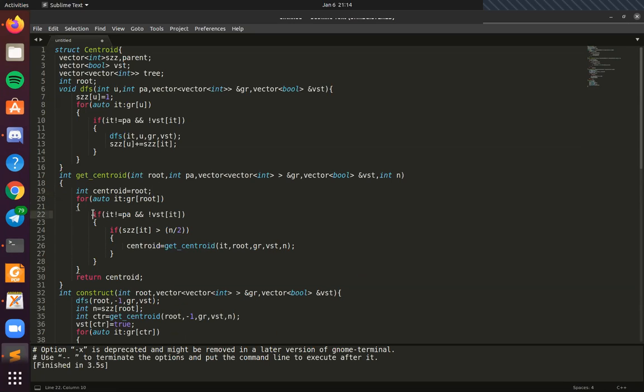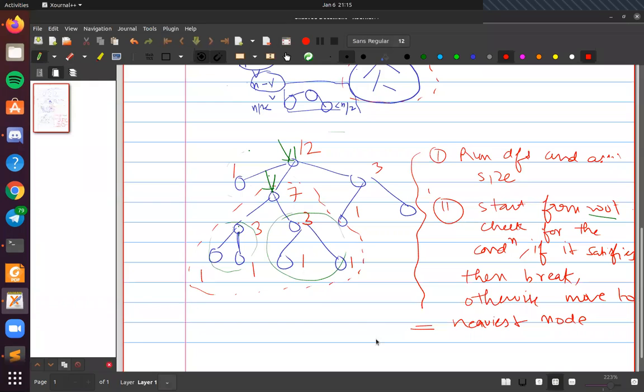Then for each subtree we check if its size is greater than n by 2 or not. If its size is greater than n by 2, then the centroid will lie in that subtree only, so we recurse. Otherwise our centroid is the root only, and then we return. So this is the code for finding the centroid, and this is in O of n. So this is an O of n algorithm for finding the centroid of the tree.